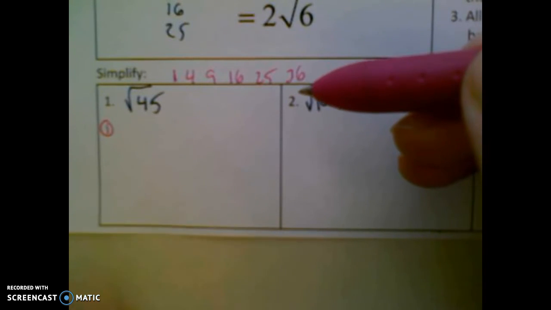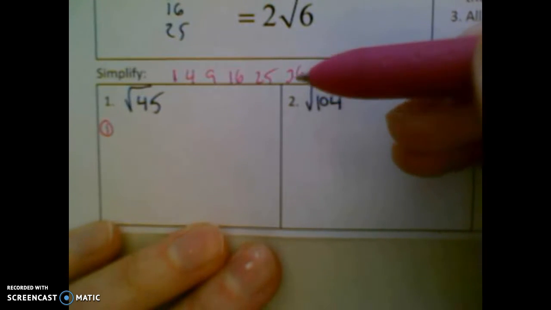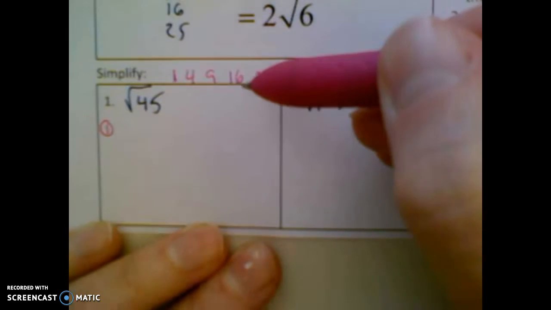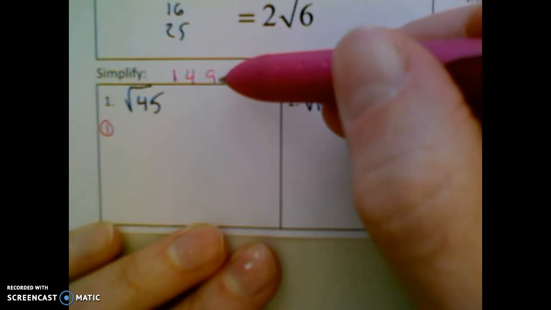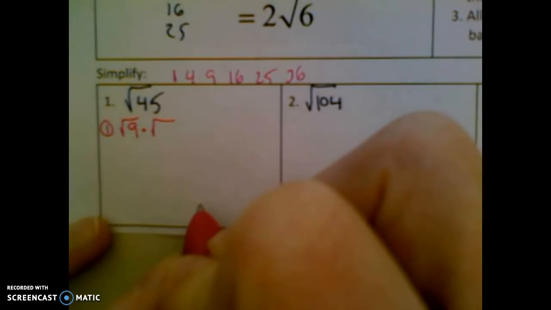Well, if you need to, which you don't have your calculator, so you wouldn't be able to do this, but I know 36 does not go in, I know 25 doesn't go in, surely you can divide 45 and see that 16 doesn't go in, but 9 does go in. So 45 is root 9 times root, and you've got to know your multiplication tables. So 9 times what is 45? Well, 9 times 5.